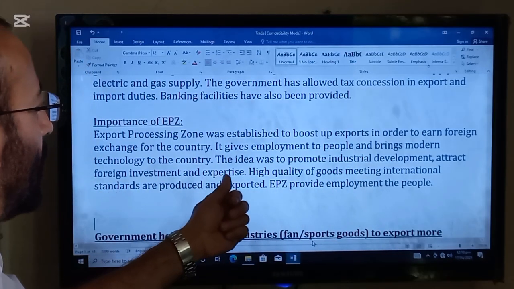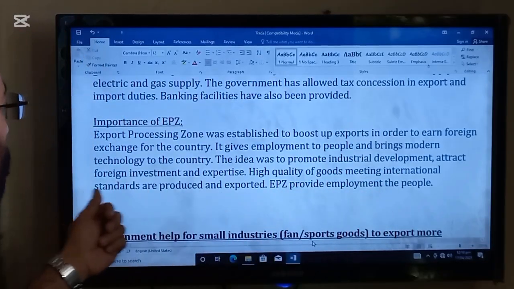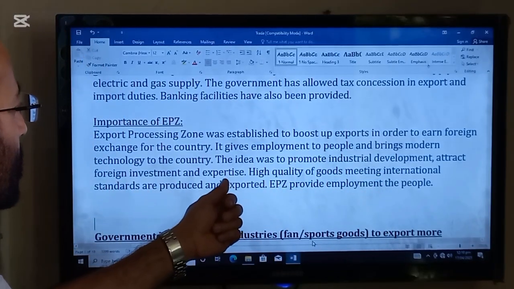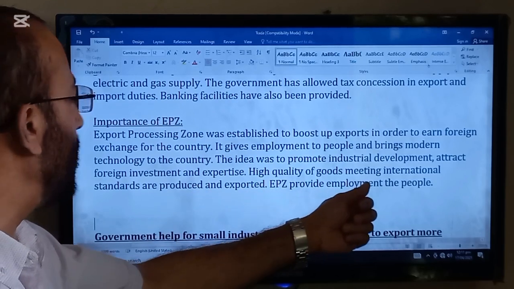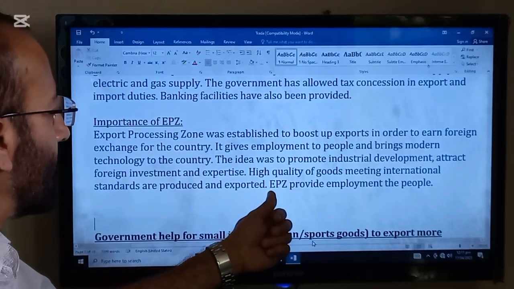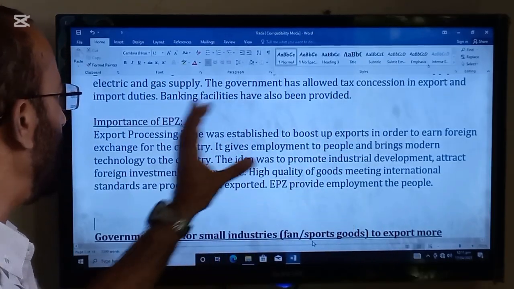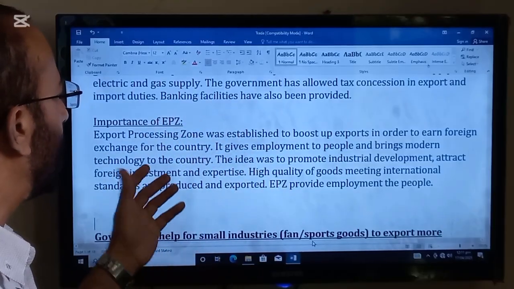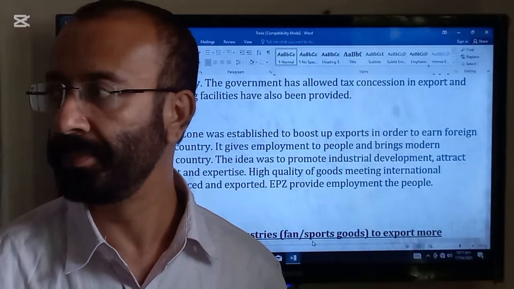Next, the idea was to promote industrial development and attract foreign investment and expertise. Next, high quality goods meeting international standards are produced and exported. Next, the export processing zone provides employment to the people. So these are the importance of the export processing zone.